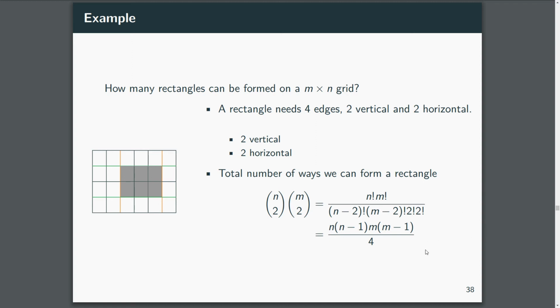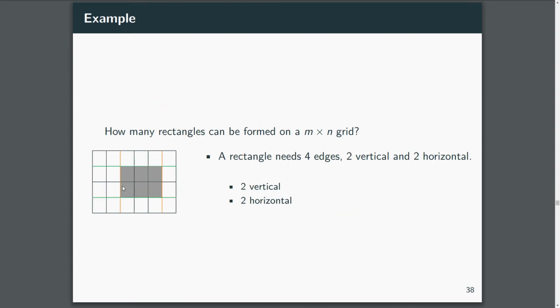What's the intuition here that if you're just picking 4 edges, as you go along, the 4 edges you pick actually form a rectangle? So if you select any 2 vertical edges here, then they will give you a boundary on the left of the rectangle and the boundary on the right of the rectangle.